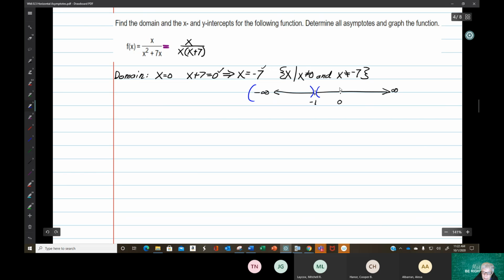And all these numbers are going to be okay. And all these numbers are going to be okay. And then you put a U in between them. But this helps you write -infinity to -7, the left side of -7. And the right side of -7, all the way to 0.